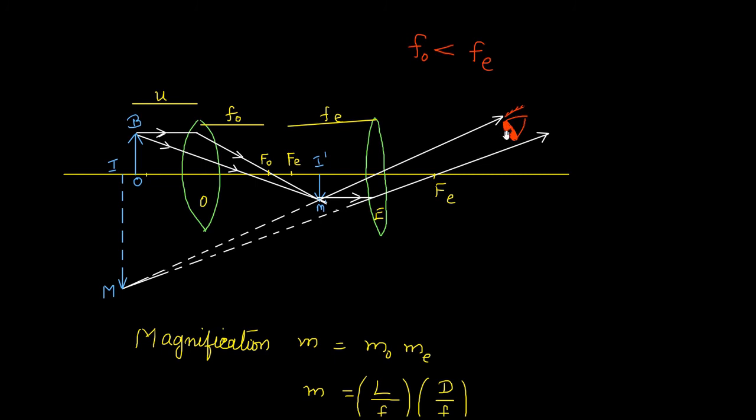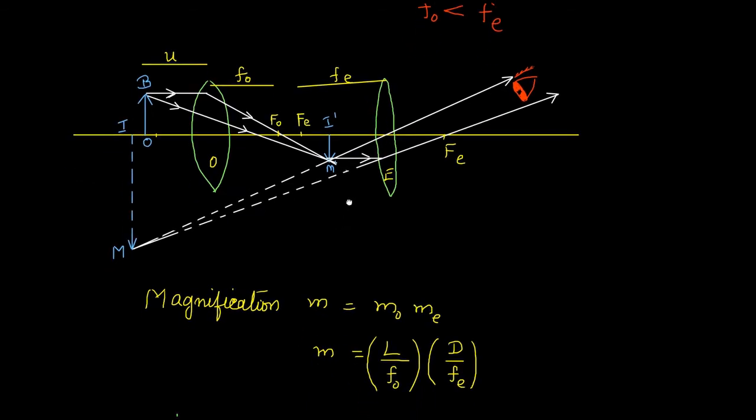But for an observer, he feels that these rays are coming from a point M. So he sees an enlarged, virtual and inverted image at position IM. So OB is the object for the microscope and IM is the final image.